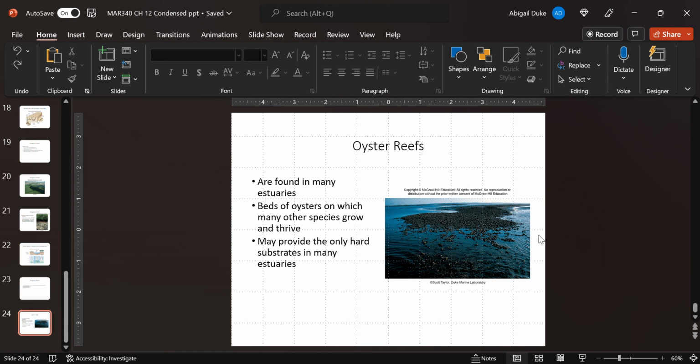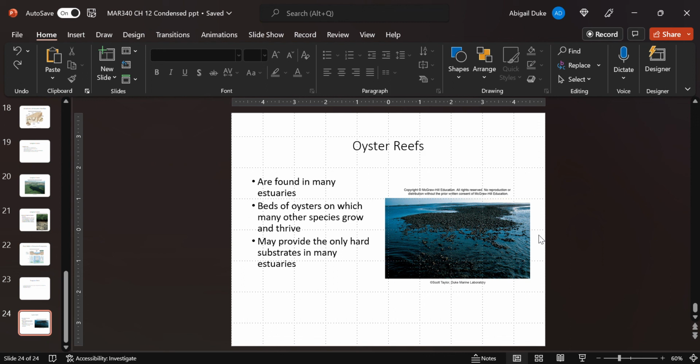Hallelujah. On page 291, you will see figure 12.23. The description says, an oyster reef formed by the eastern oyster, and I'm not going to try to pronounce that scientific word, on the Atlantic coast of the United States, exposed at low tide.